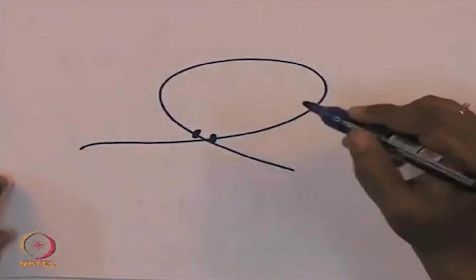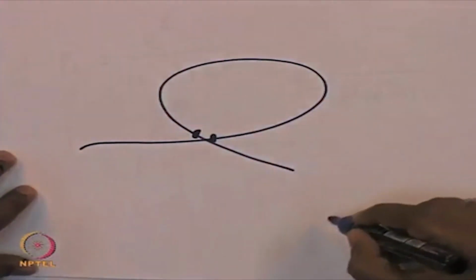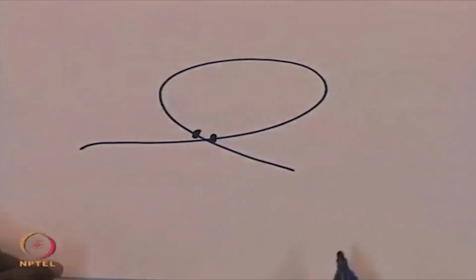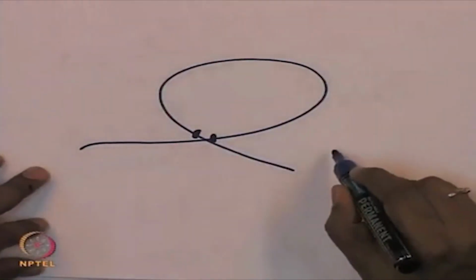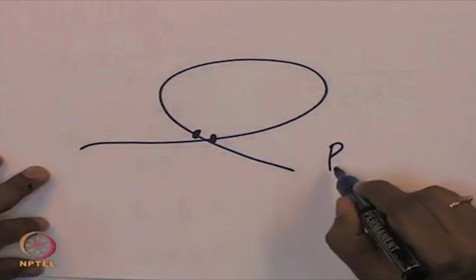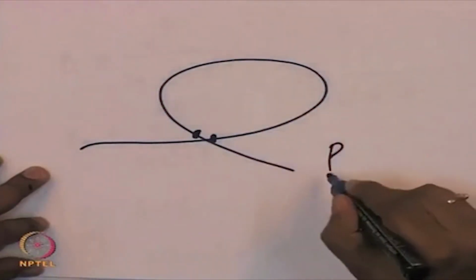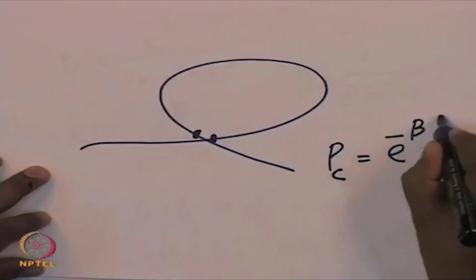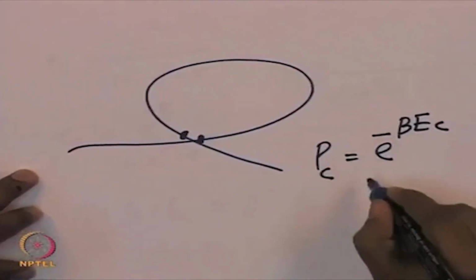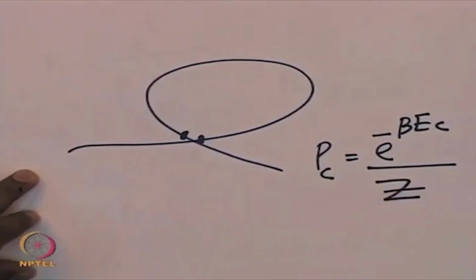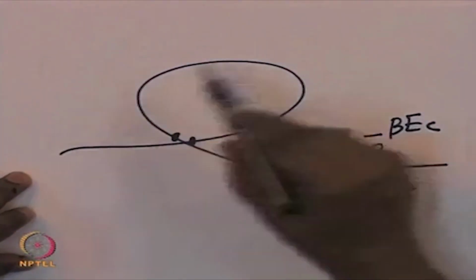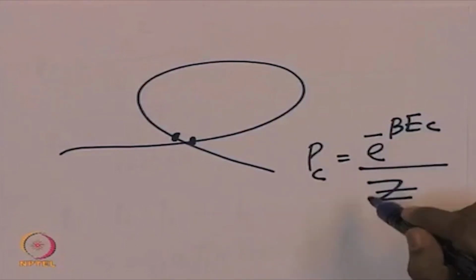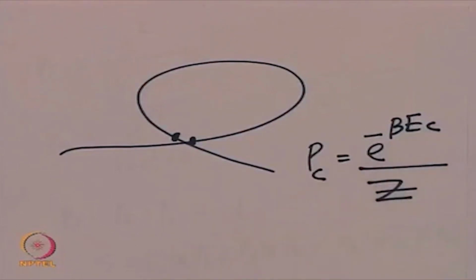So, you can ask the question, if you have a DNA of length L, what is the probability that two parts of the DNA will come together? And the probability to have this particular configuration C will be given by e power minus beta times the energy of that configuration, divided by the partition function.